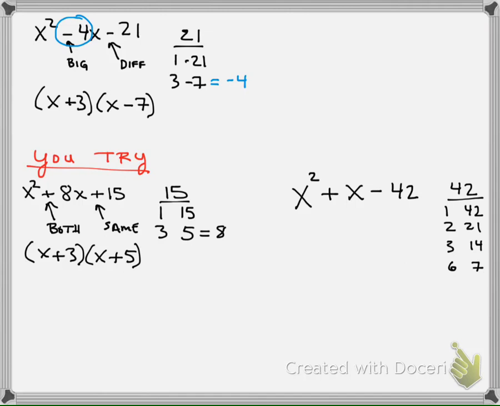Now, in reading the signs, this one says the signs are different. This one says that the bigger one is positive. So if all the bigger ones are positive, this time all the little ones are negative. So when we add them up, the one that gives me a positive 1 is negative 6 and positive 7. So we get x minus 6, x plus 7. Thank you very much.